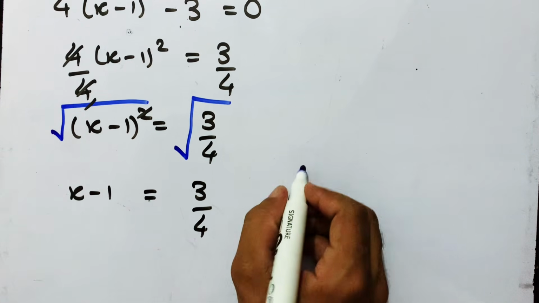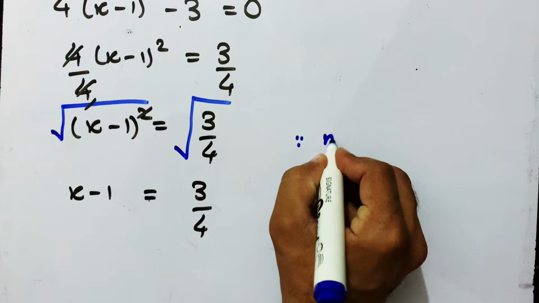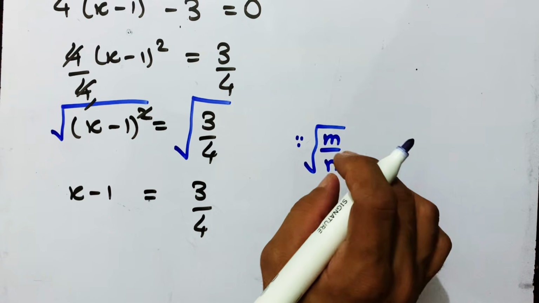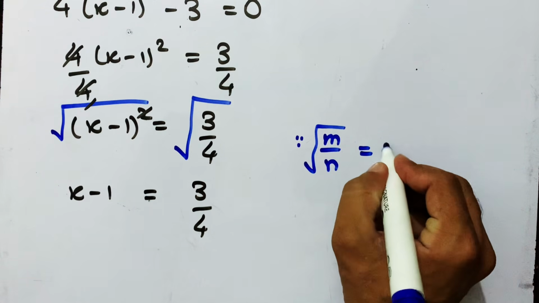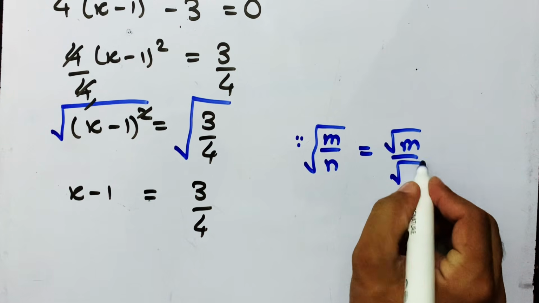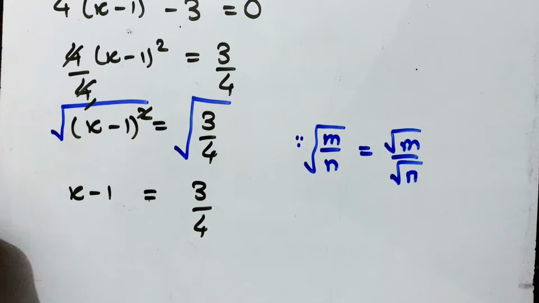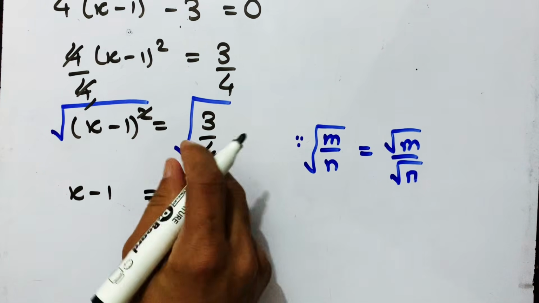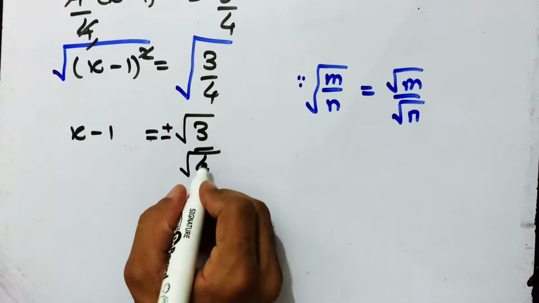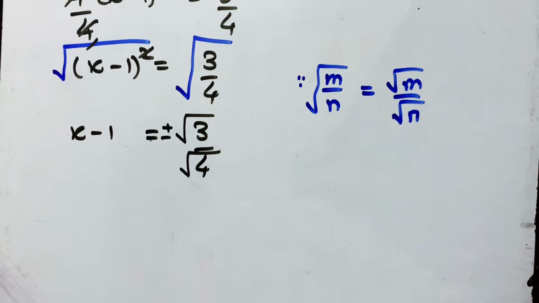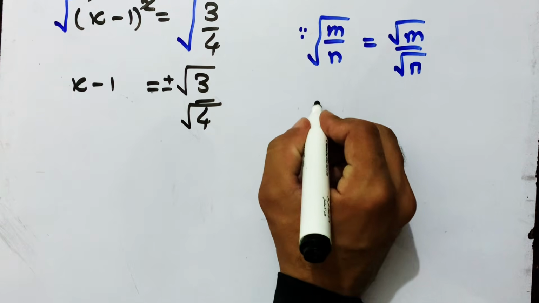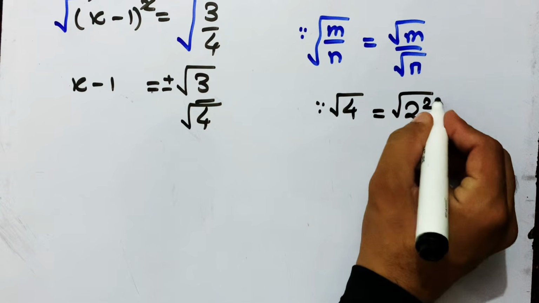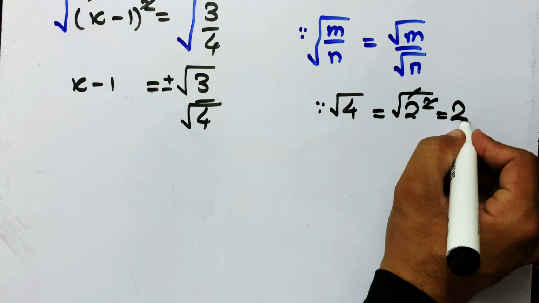Another formula I'm using is that if two numbers are under a square root, I can separate out their square roots for further simplification. I use plus minus because of the square root. The square root of 4 is 2.